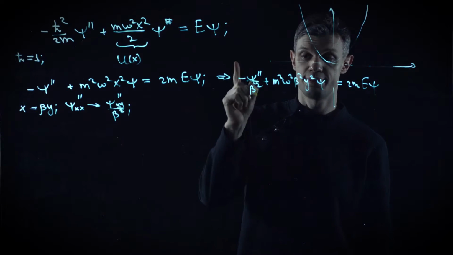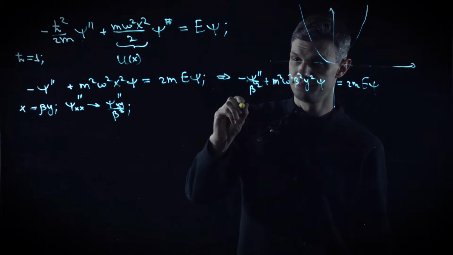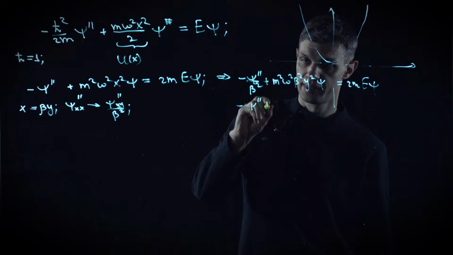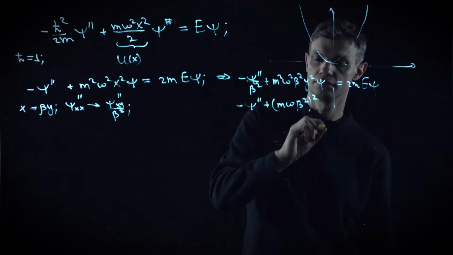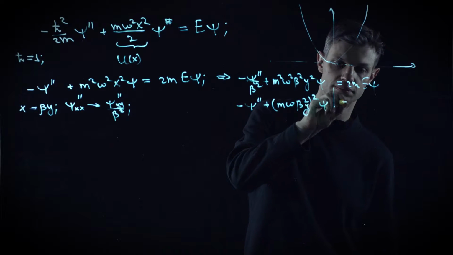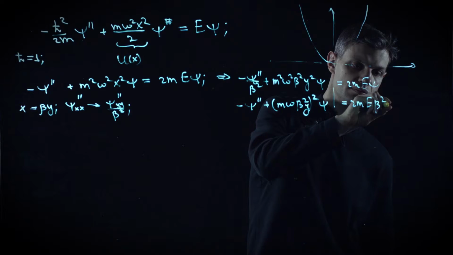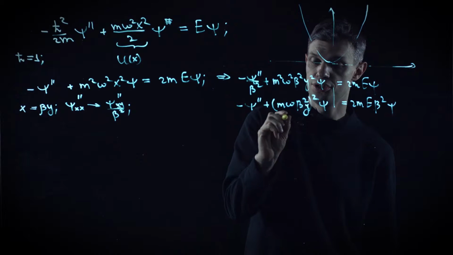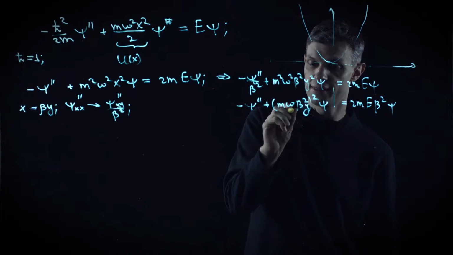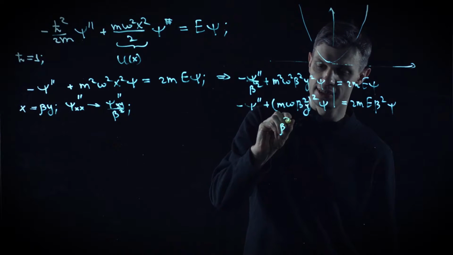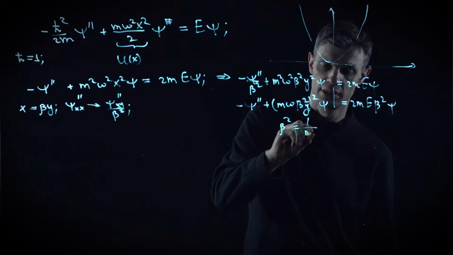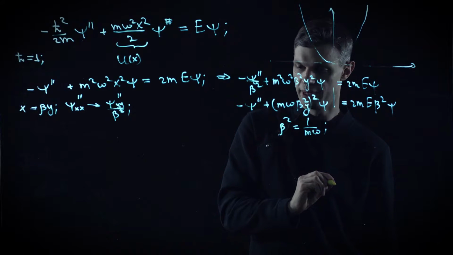Right, so let's multiply both parts by beta squared. Now we get, and let's choose this beta parameter in such a way that this coefficient becomes 1. So beta squared is equal to 1 over m omega.